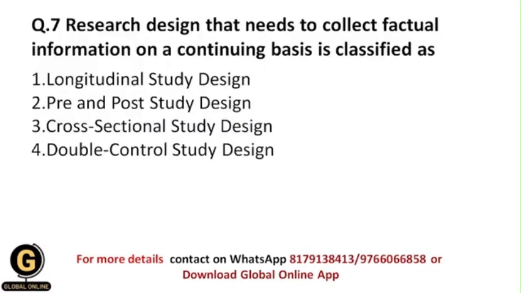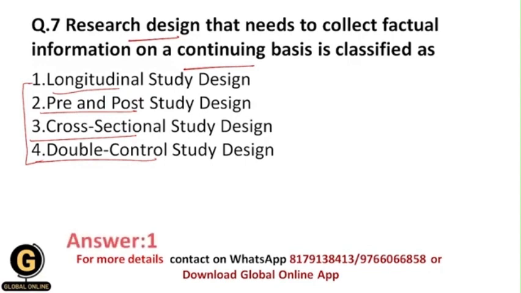Okay, next is: the research design that needs to collect factual information on a continuing basis is classified as. From these options, which research design needs to collect factual information on a continuing basis? Whether it is longitudinal study design, pre and post study design, cross sectional study design or double control study design. Within this, the longitudinal study design is the one that needs to collect factual information on a continuing basis, and that's why it should be your correct answer.